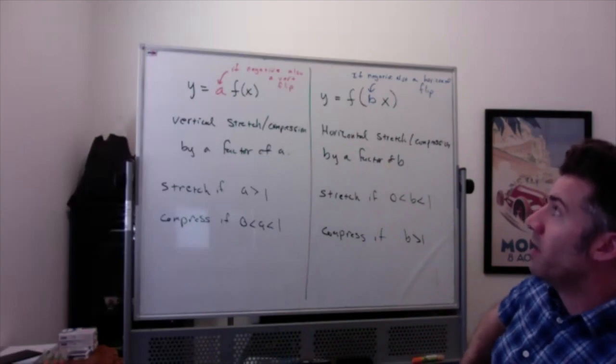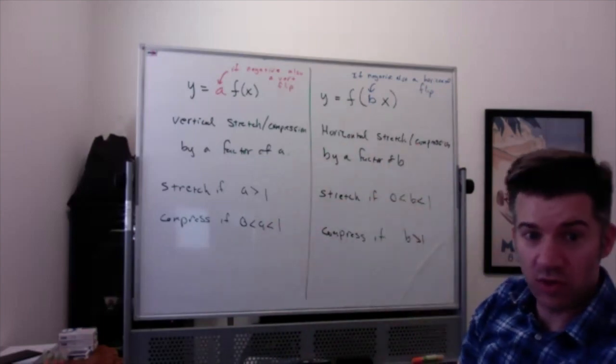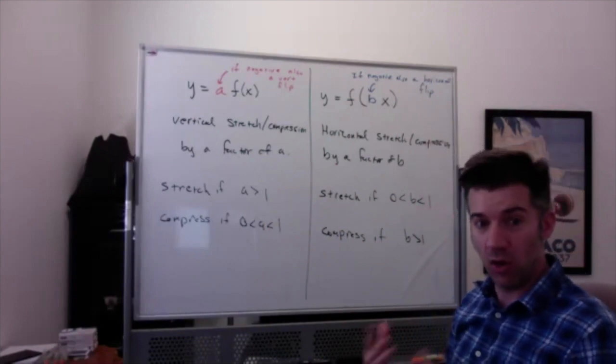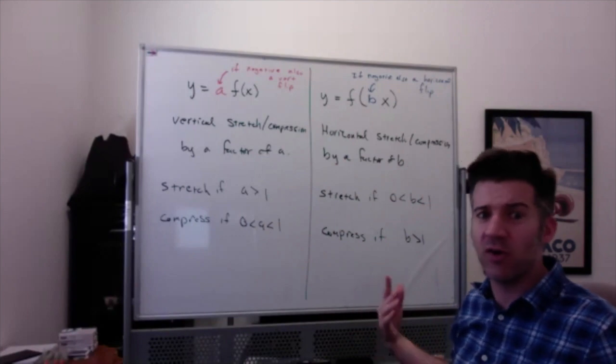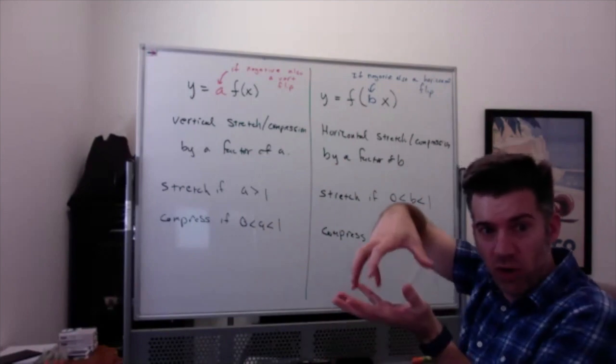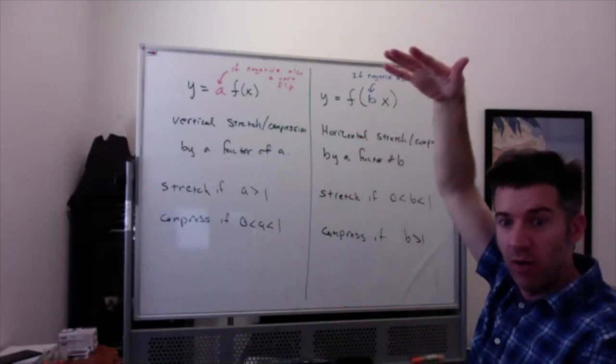If you multiply on the outside by a number a, that's going to either stretch or compress the graph vertically. If you multiply by a number that's larger than 1, you're essentially going to make all your y values bigger for each corresponding x value. So you're going to end up stretching the graph vertically away from the x-axis, both above and below.